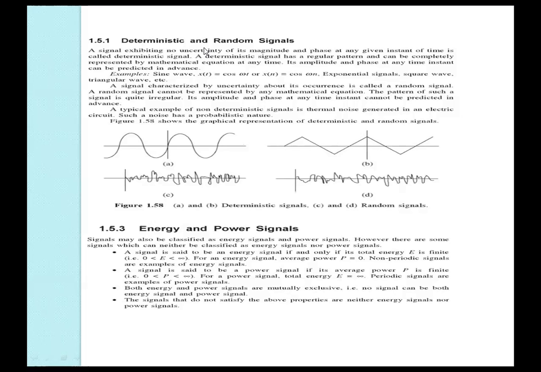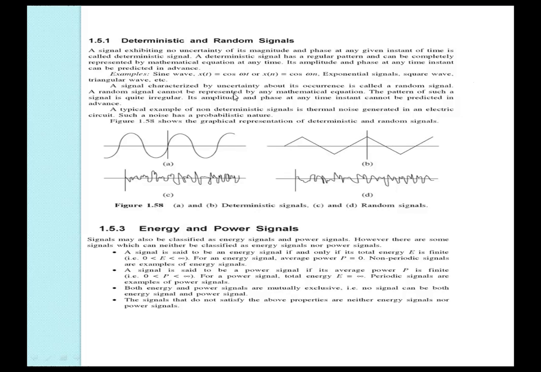When uncertainty is there, that signal is a random signal. So a signal exhibiting no uncertainty of its magnitude and phase at any given instant of time is called a deterministic signal, and a signal characterized by uncertainty about its occurrence is called a random signal.